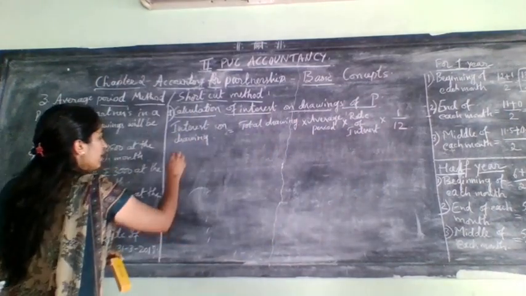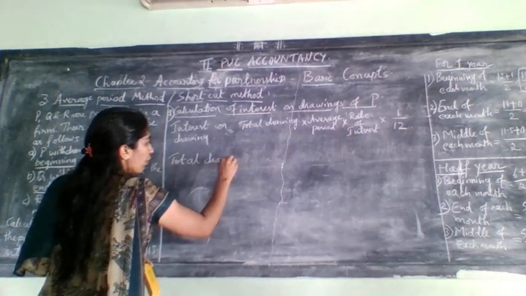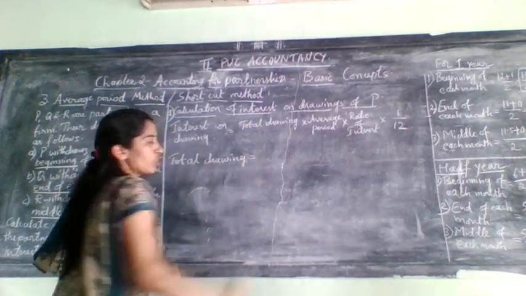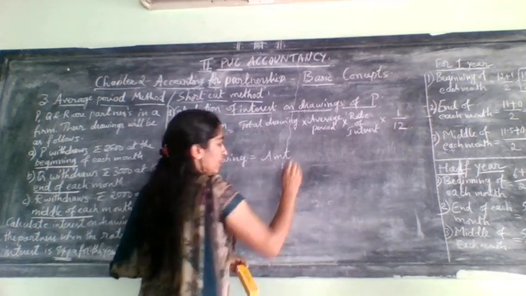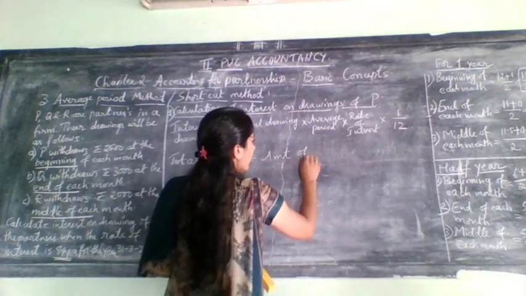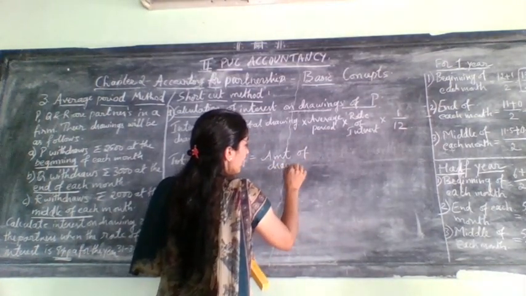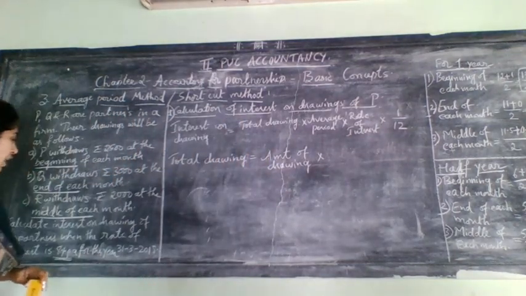First in the formula, what we need to find out now? Total drawing. So total drawing is equal to amount of drawing into number of months.